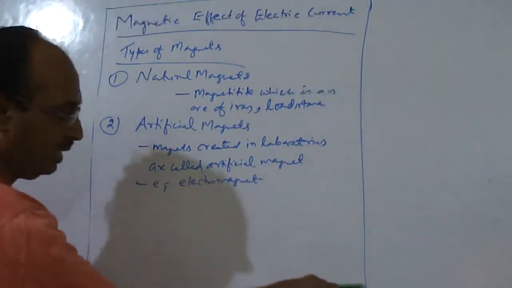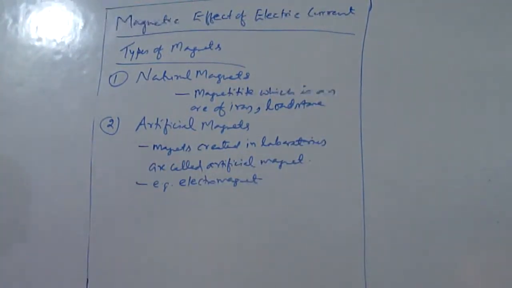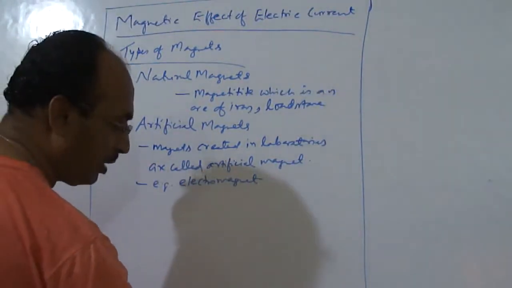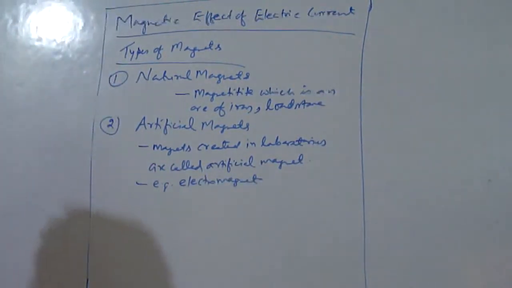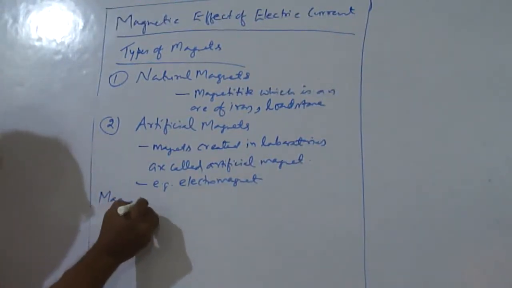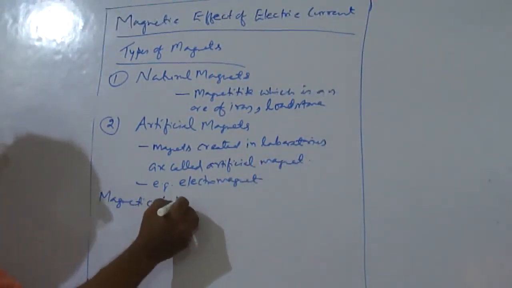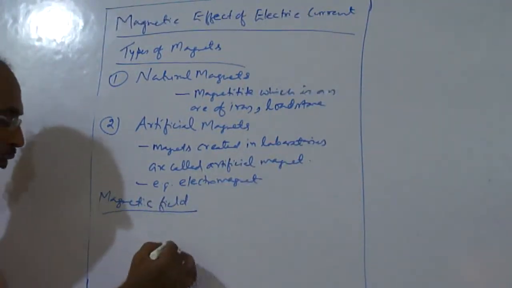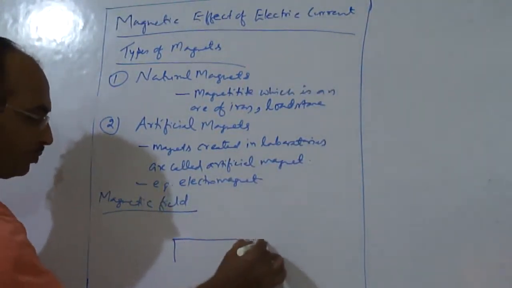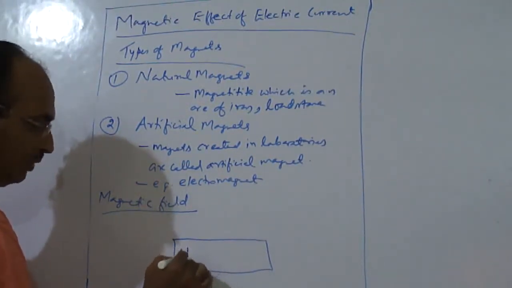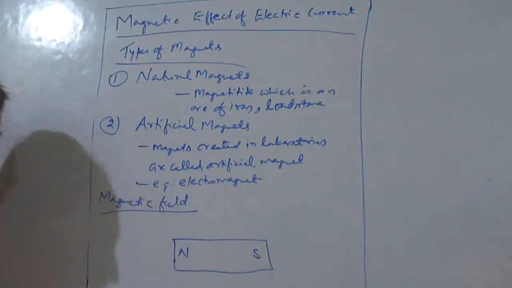Now we will be discussing the magnetic field. See, suppose you have a bar magnet, which has a north pole and a south pole.